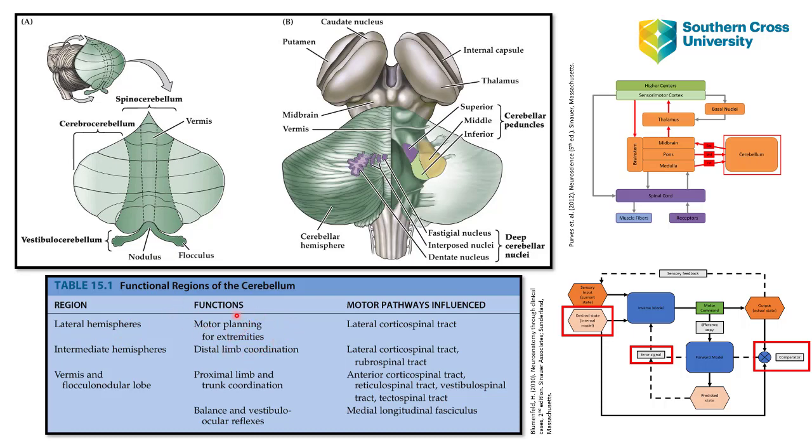Information gets sent down into the cerebrocerebellum from the cerebral cortex proper. That then helps the cerebellum calculate the dynamics of that action, how to appropriately coordinate all the degrees of freedom together, and then sends that back out and up to the cerebral cortex proper to influence the lateral corticospinal tract pathways.